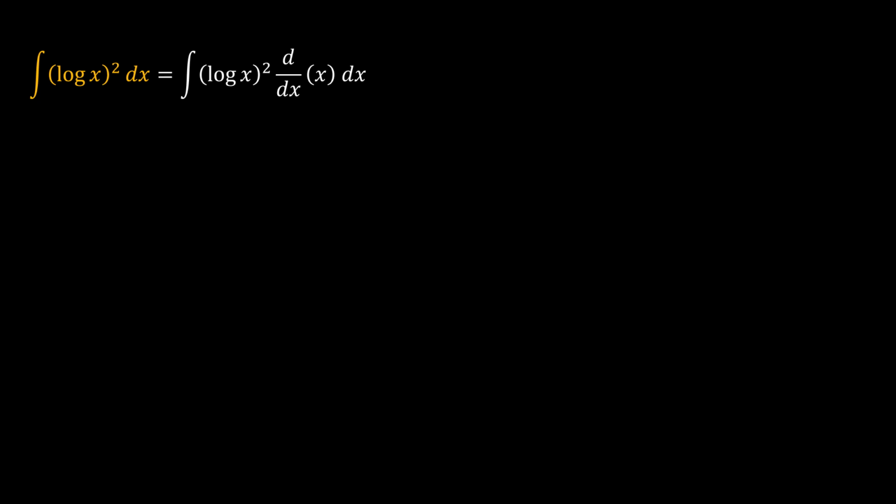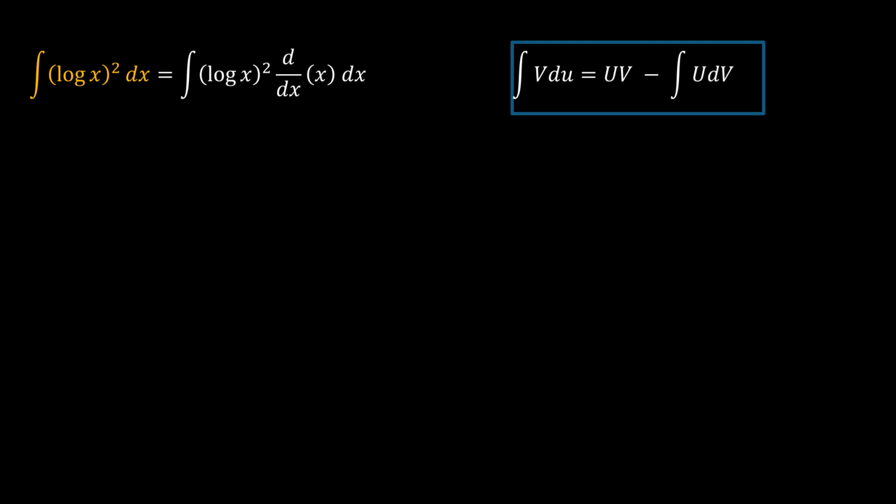I choose to just use log x the way it is. And so integration by parts says when you integrate a product of v and the derivative of u, you get the product uv minus the integral of the product of u and the derivative of v.